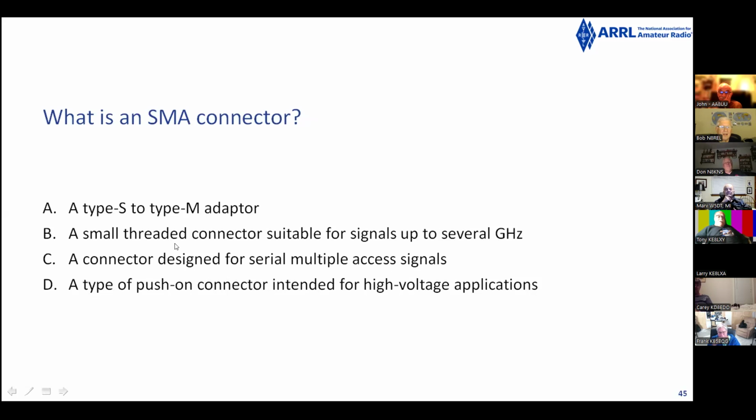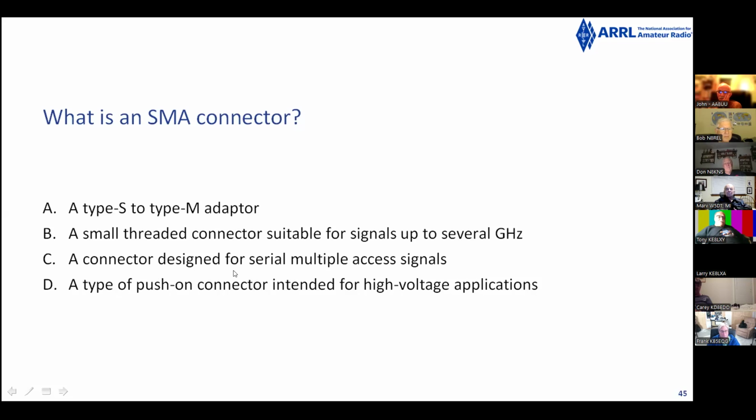Well, let's see. Type S to type M adapter. So I don't know what those two things are. I think they're just making that one up. SMA. Oh, size M adapter. A small threaded connector really rings a bell with me there.